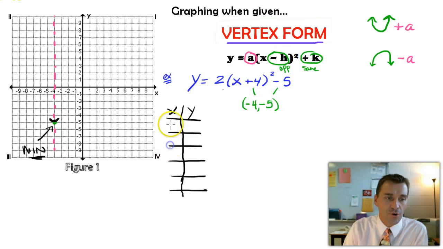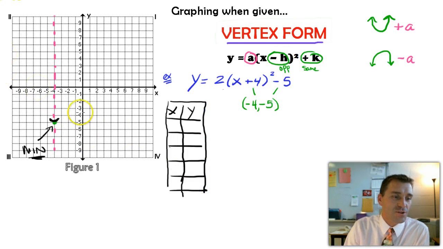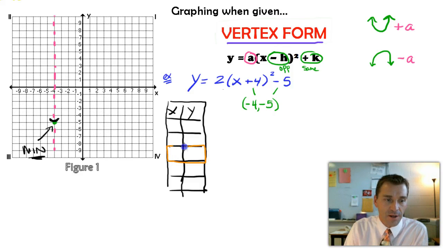And what I would do is this. Once you make your little table here, trying to make this as neat as I can, something like that, I would always focus on this middle one right here, because this middle one, guys, is going to represent the ordered pair that is your vertex.